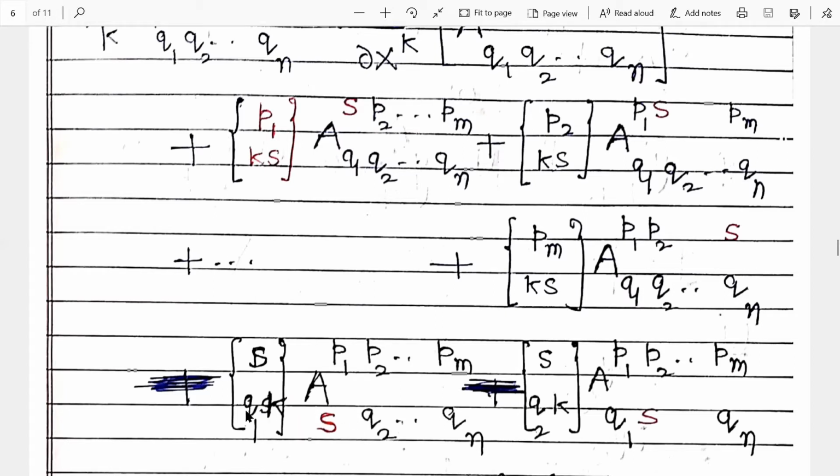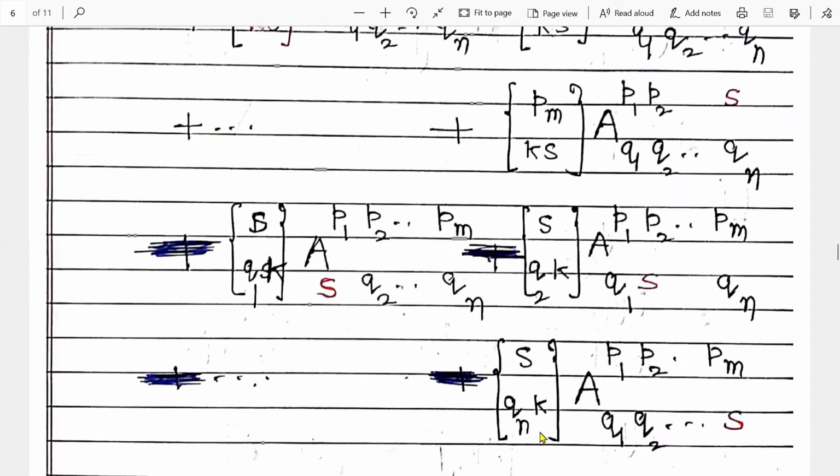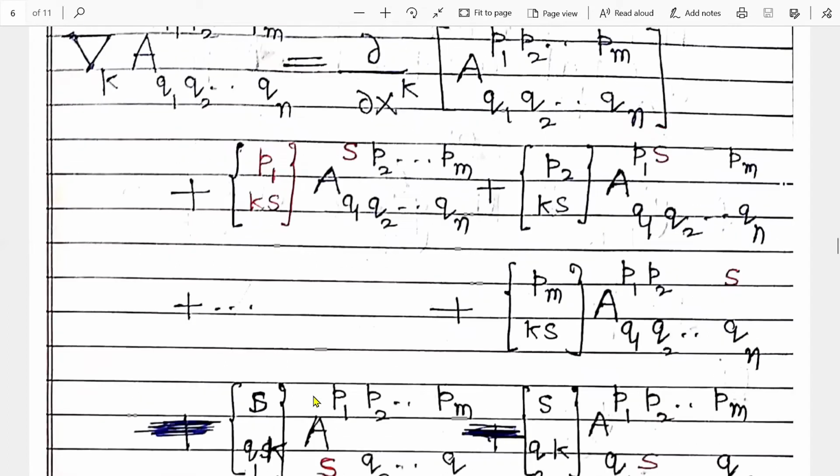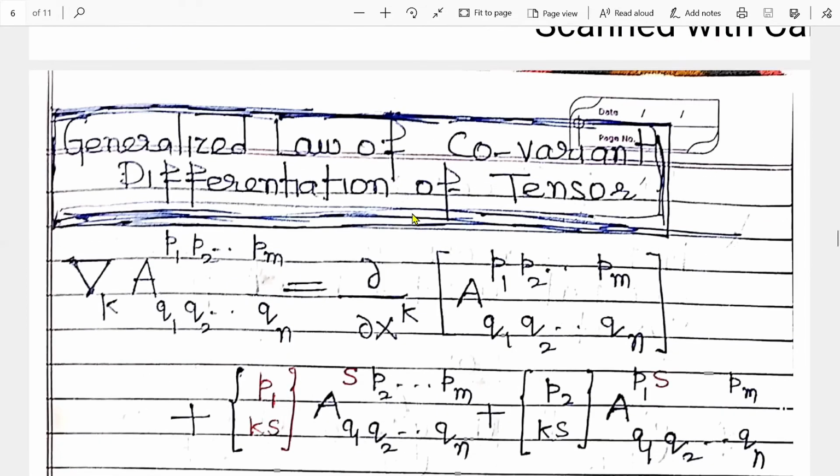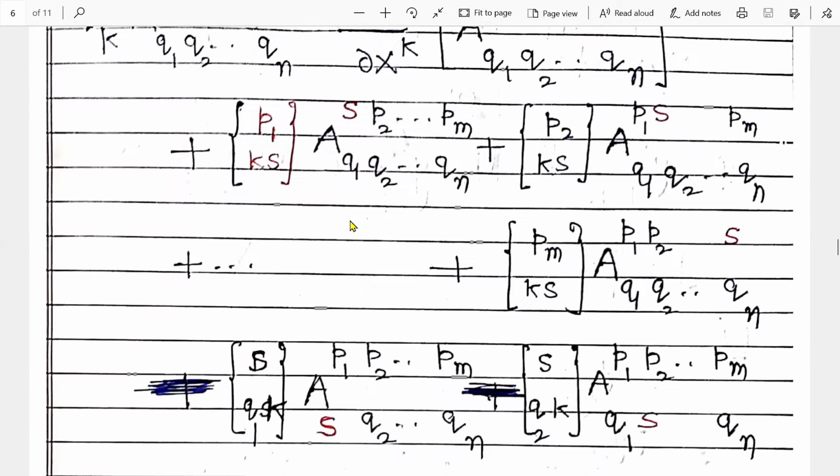Now replace Q1 by S. Similarly, replace Q2 by S and so on up to Qn by S. So in this way, that is the general procedure to find the covariant differentiation of a tensor. So this is its value.